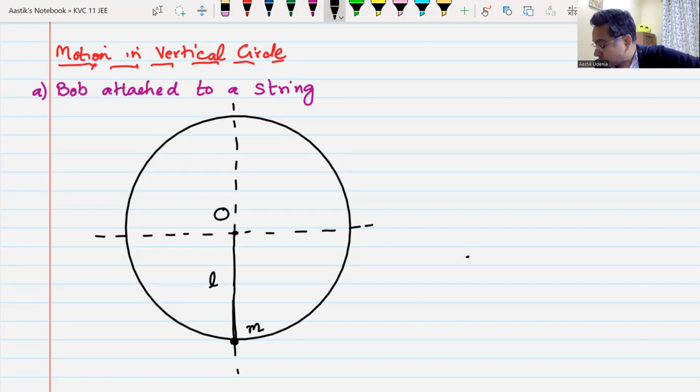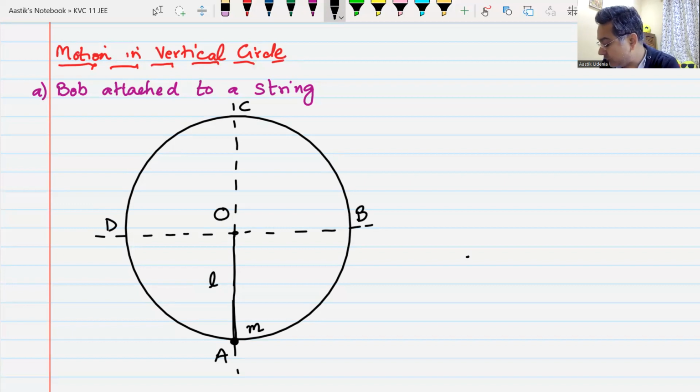Now, how will this move in a circular path? Let us call these points A, B, C, D. These are some important points that I have marked.